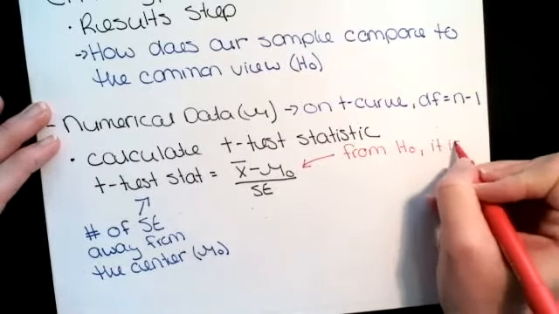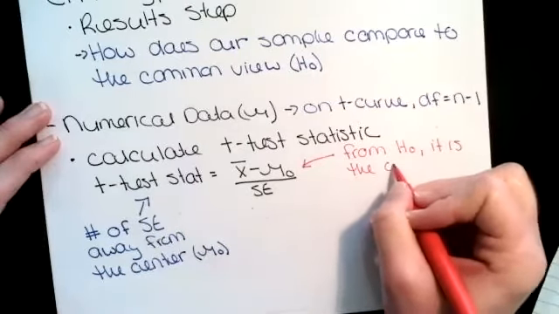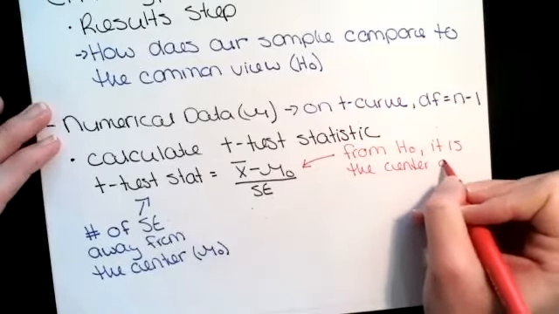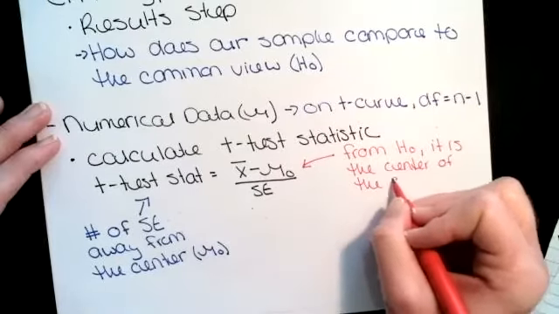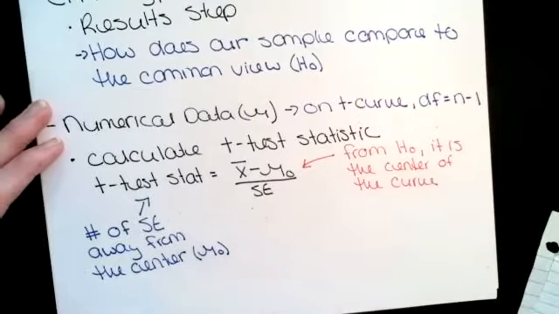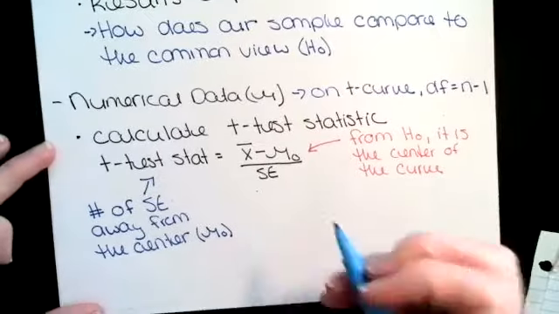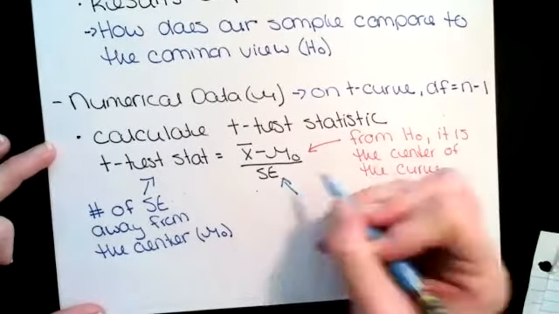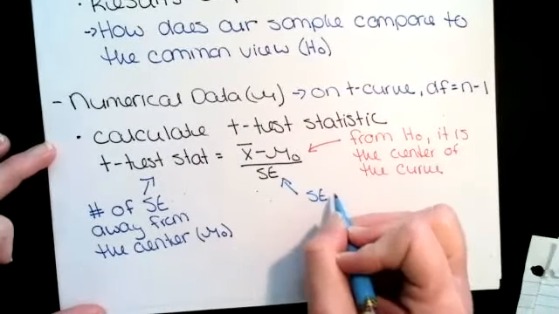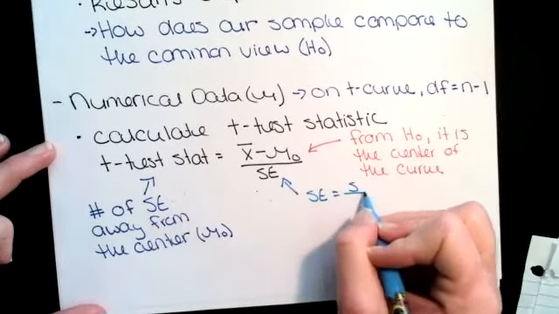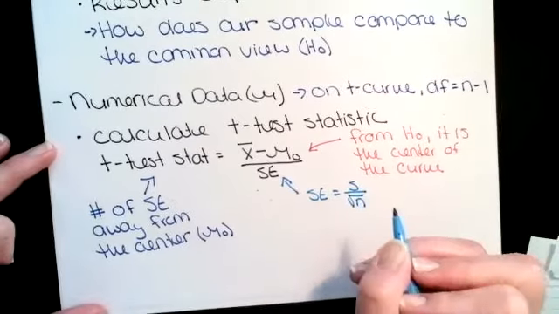It is the center of the curve. So mu naught, similar to P naught in the fact that it's from the null, it's the common view, it's the center of our curve. And I also want to mention here our standard error, how we calculate that. Standard error is just S divided by square root of n, so nothing new there, but I just wanted to remind us of that.